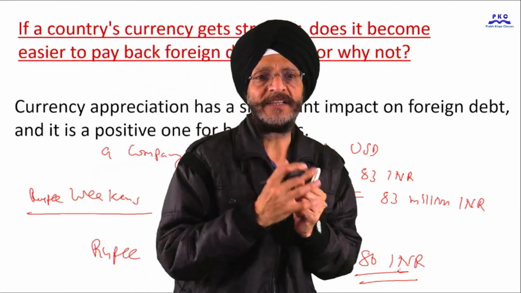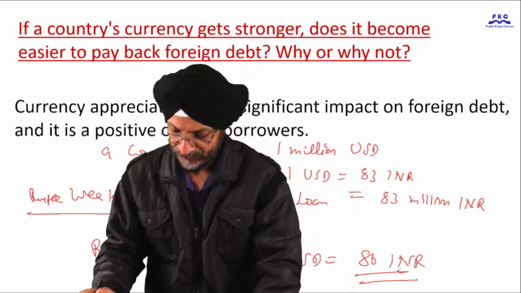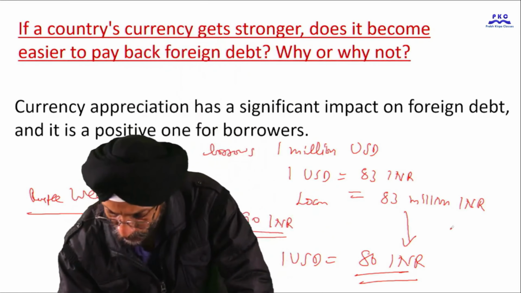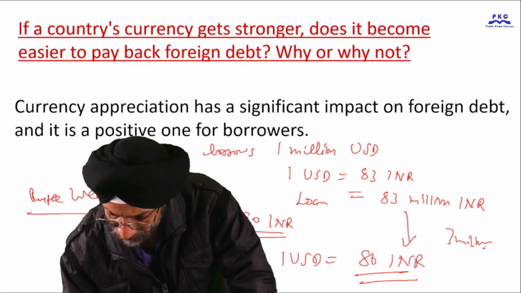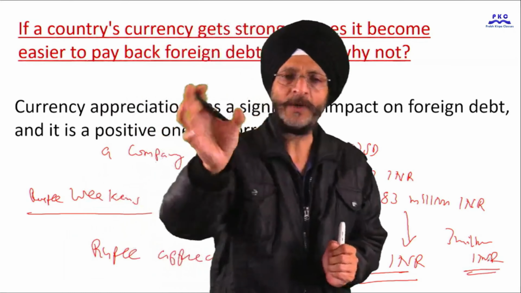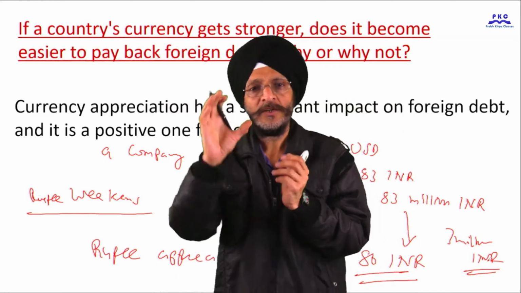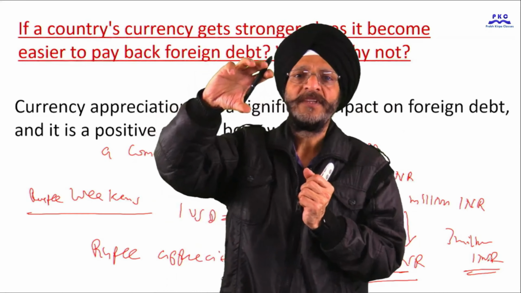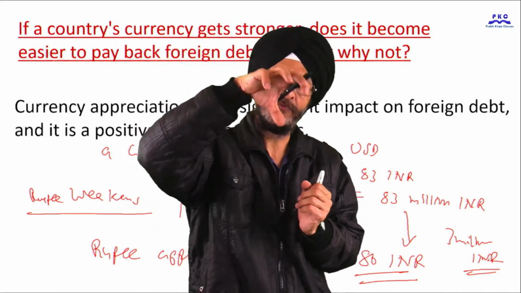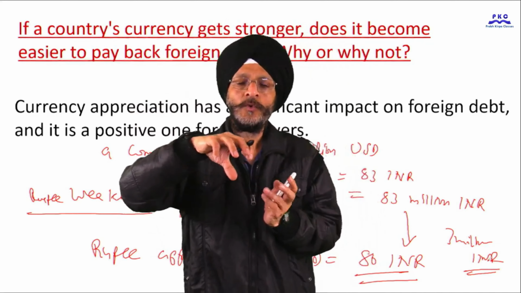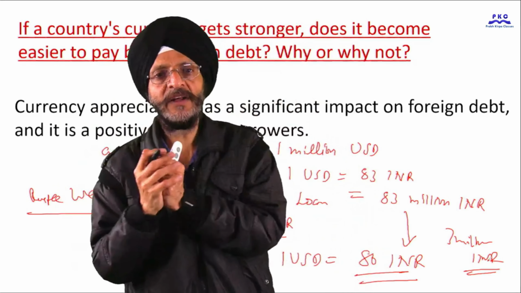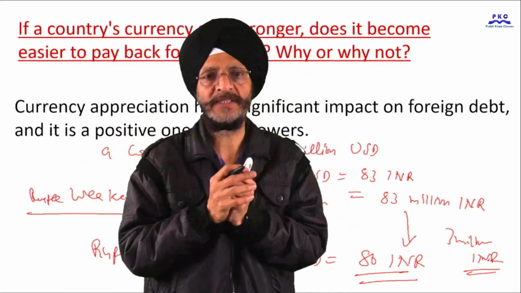Now, when the rupee has appreciated, there is a difference of 3 million Indian rupees, or some adjustments may be there in the shape of interest. So less will have to be paid. This difference in the amount leaves financial resources for the government to use those funds for infrastructure or some other development or social security measures.